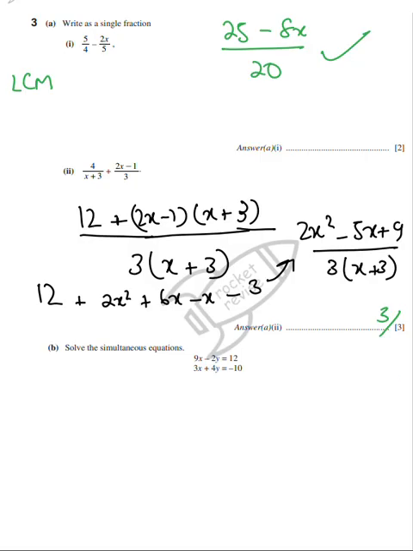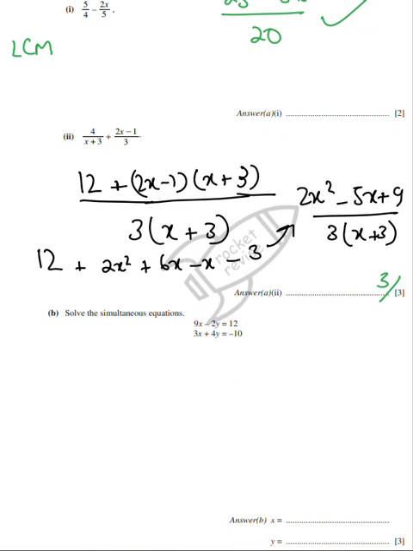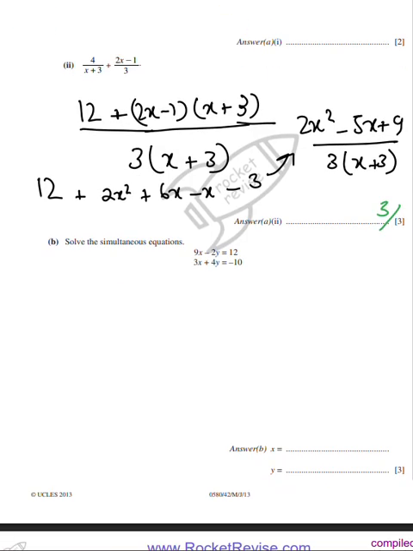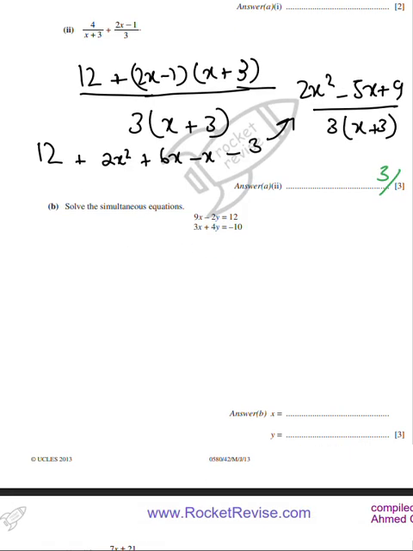Solve this so that we can move forward. Simultaneous equations. Now, this is equation 1, this is equation 2. Which equation are you willing to annotate? That's up to you.